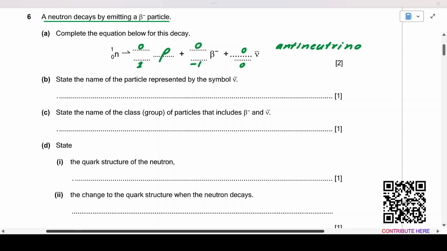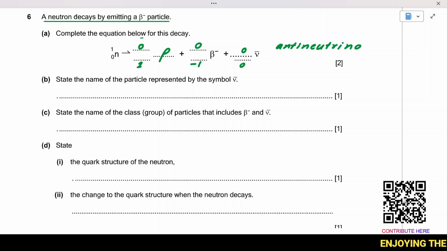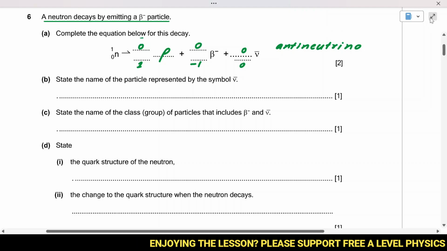Now if you compare the left side and the right side, the total atomic number on the left side and the total atomic number on the right side should be the same. As a matter of fact, when we studied this, the neutron decays by emitting a beta negative particle.